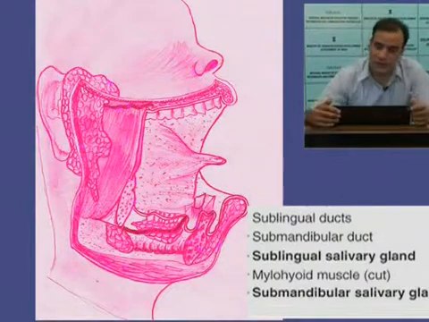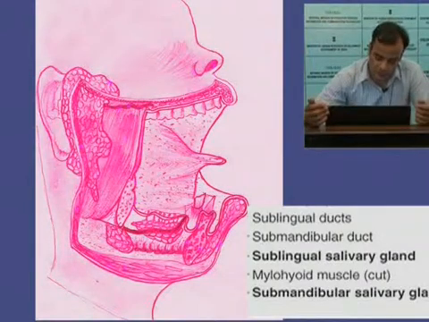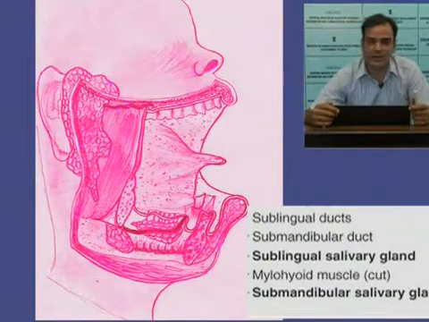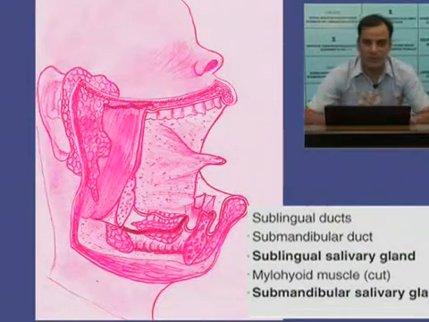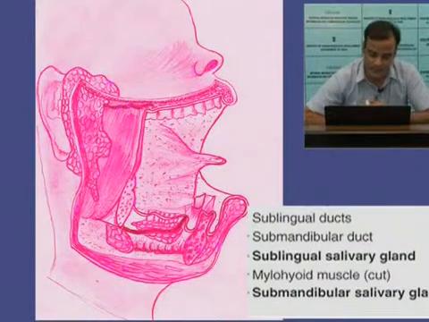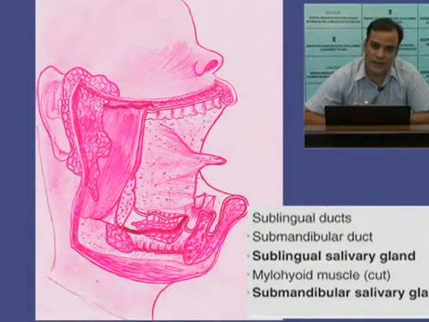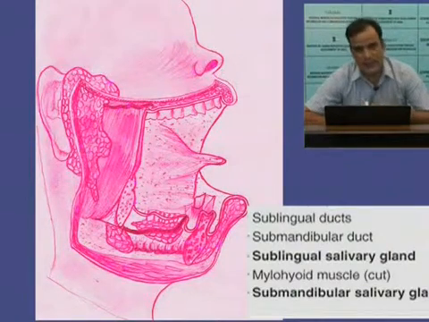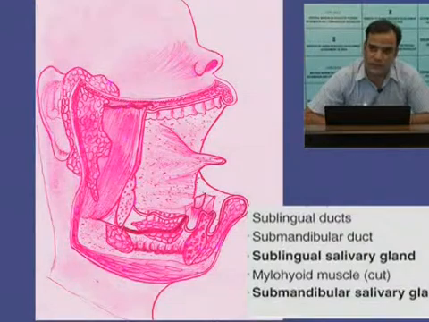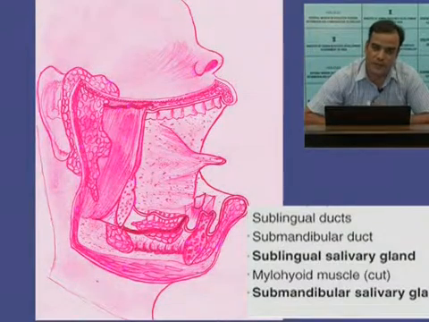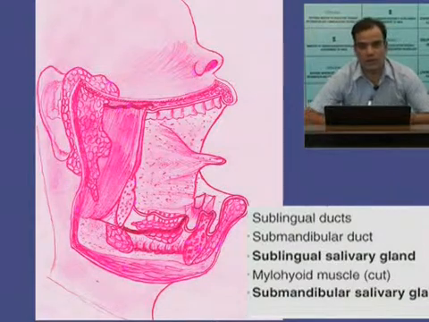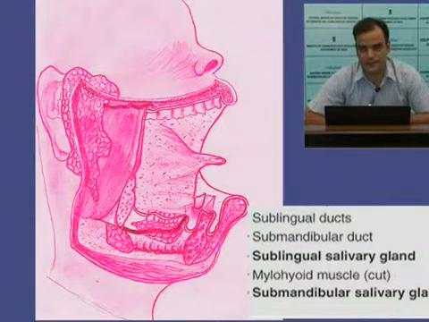Now, the third major salivary gland is the sublingual glands. These are the smallest of the three salivary glands, and they are situated at the floor of the mouth. Sublingual glands have many small ducts, approximately 5 to 15, that open on small papillae beneath the tongue.